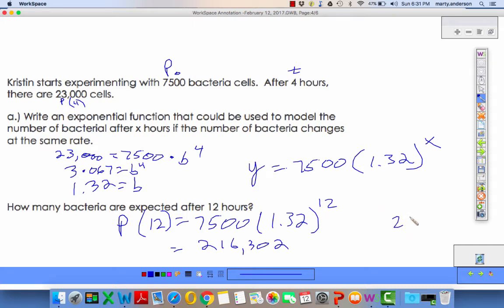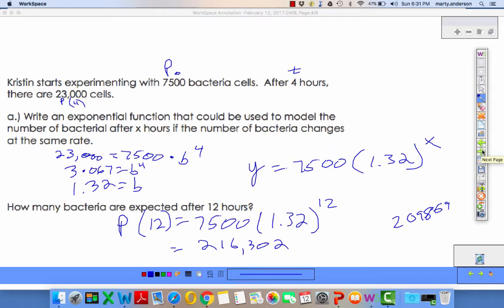I got 209,869. I think this is a good example of when you round something, you bring in some error and then you raise it to the 12th power. There's a fairly significant difference in those two answers, 7,000 bacteria or so. And either of those answers would be acceptable.